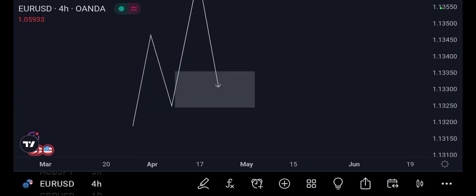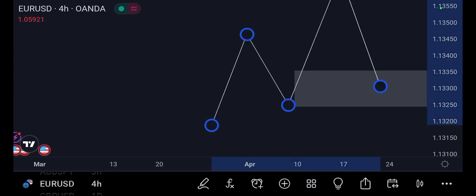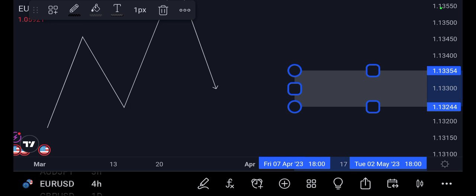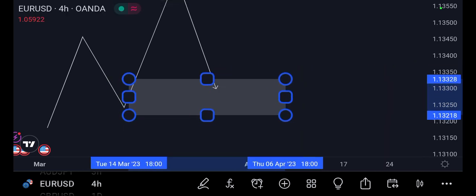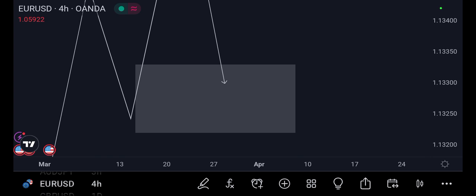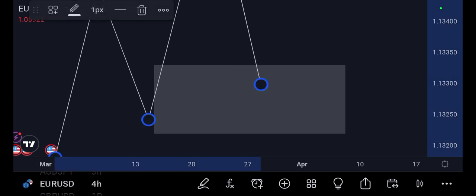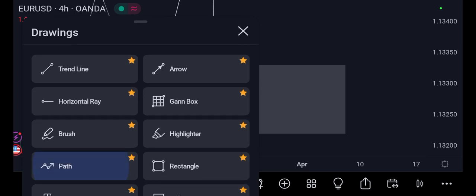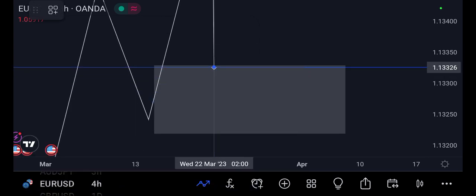As price, let me now zoom in. Now, as price has already tapped into the zone, for confirmation entry, you are waiting for this move.